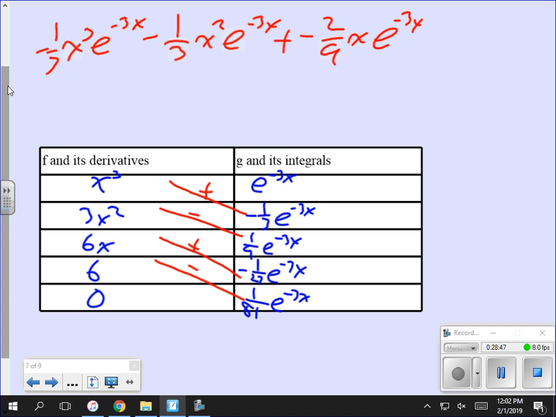So it's minus 6 times 1/81 e to the negative 3x. 6 over 81 is 2/27. 2/27 e to the negative 3x plus c on the end.